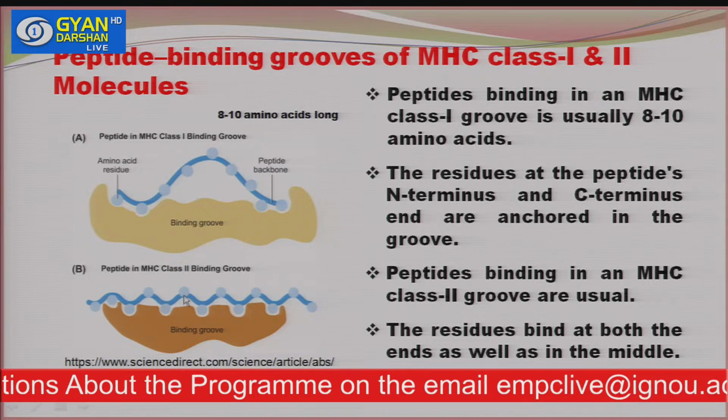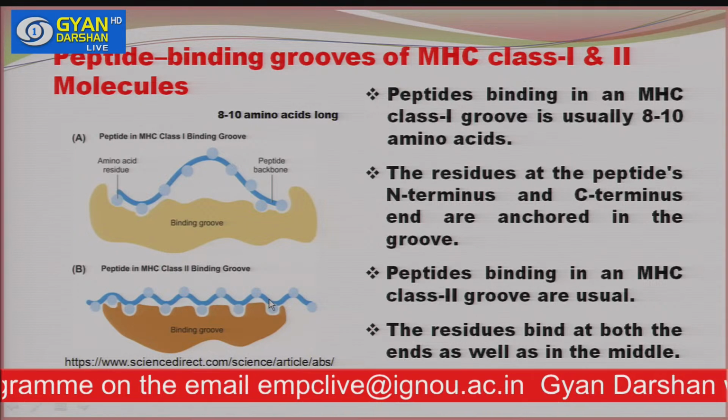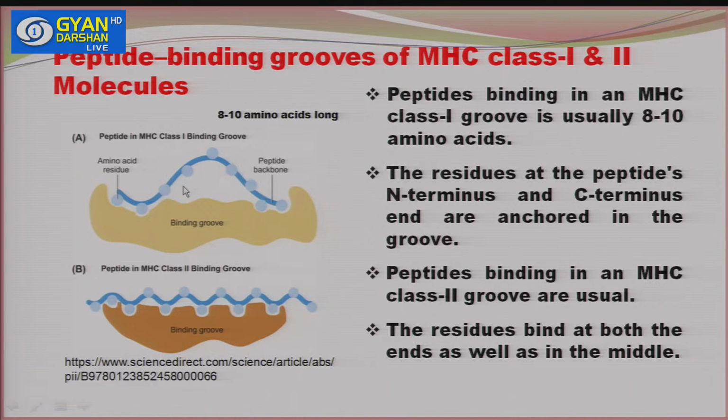They can bind with your antigenic peptide. They will bind to the binding groups. You can see here the amino acid residues and the peptide backbone. Your antigen will be displayed in the particular antigenic peptide binding clefts.